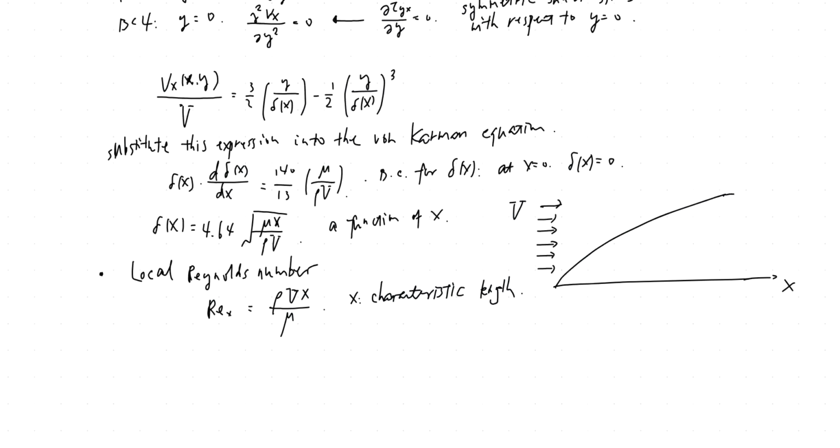And eventually, if you are too far away, you will see turbulent flow. This is because you get a very, very large Reynolds number. And here you get laminar flow. So that means the Reynolds number depends on where you are.